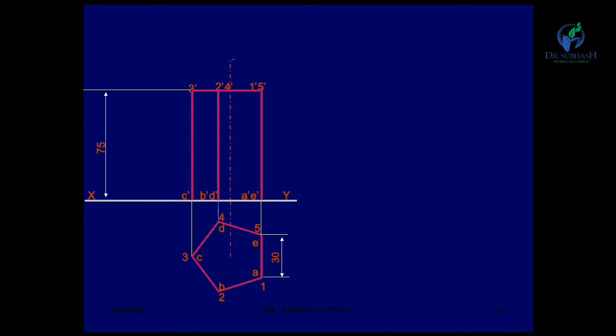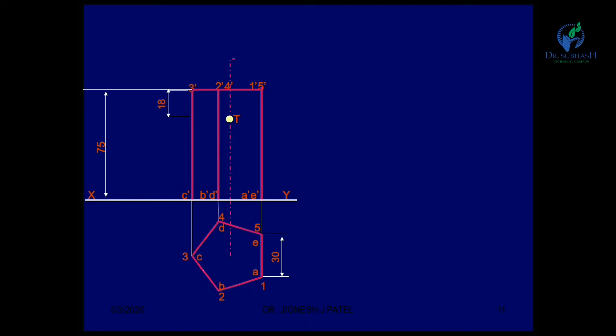Now this prism is cut by an auxiliary inclined plane, and it is passing 18 mm from the top. So this cutting plane is passing through this point T on the axis, and the distance of this point is 18 mm.